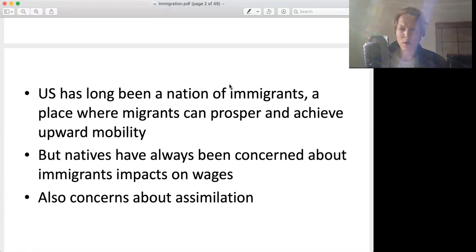I'm sure almost everyone in this class who is a U.S. citizen knows the story of immigration, either from their parents, grandparents, or great grandparents. I would imagine there is some family story about immigration.